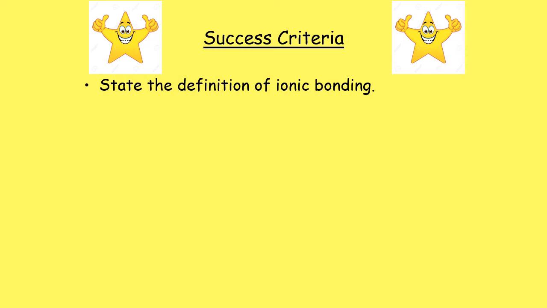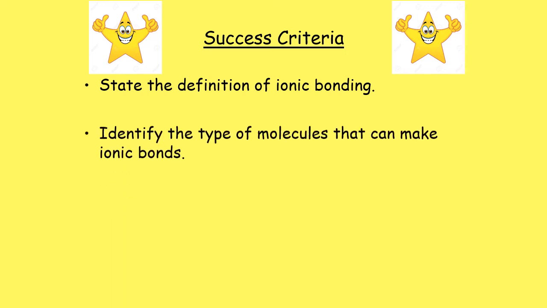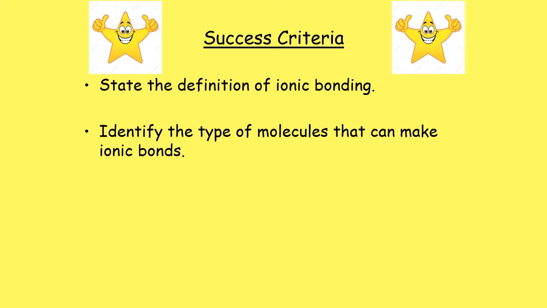So, state the definition of ionic bonding. Ionic bonding is the electrostatic force of attraction between oppositely charged ions. Identify the types of molecules that can make ionic bonds. Well, any compound that is made from a metal and a non-metal will produce ionic bonds. So you look at the name of the compound.